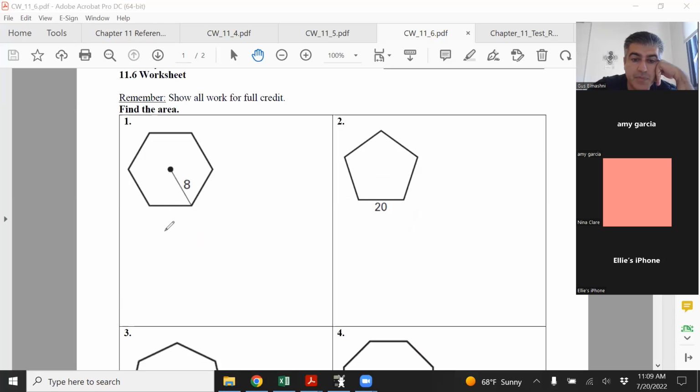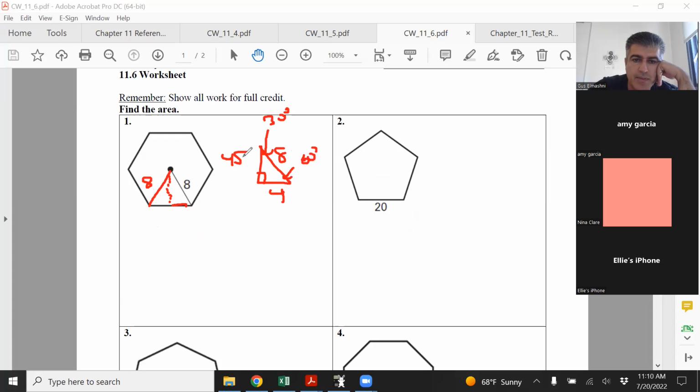So find the area. Here we have a hexagon. Remember we said that's 8. That's going to be 4, because this is 30 degrees right here, and that's 60 degrees.